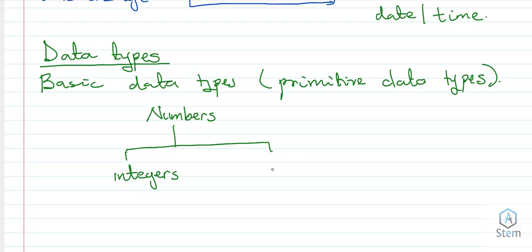And we have numbers with decimal points, and these are called real numbers. Let me just call them real there. Okay. So these are the names of our data types in pseudocode.